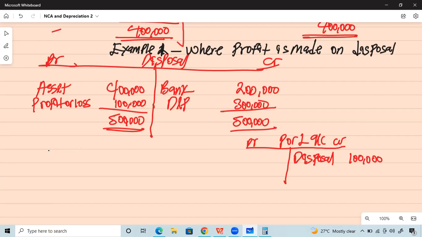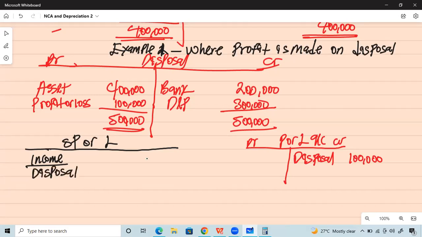This is how we prepare it, in vertical format. You will just say income. This is a statement of profit or loss. You just say disposal, 100,000.